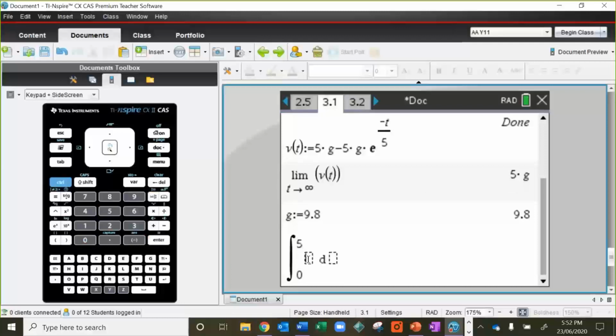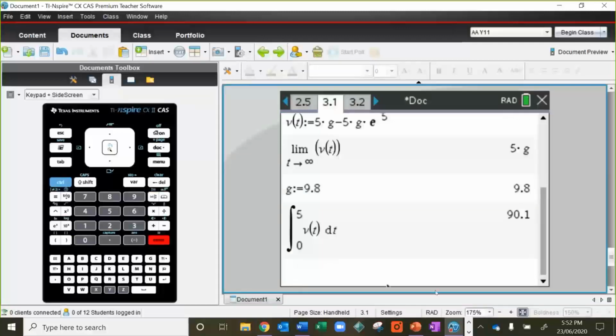We don't need to worry about putting the absolute value, because velocity does not change direction here, and we get the answer, which we can then round off to the required number of decimal figures. If you do it without defining g, the calculator will return 25g over e as the exact answer.